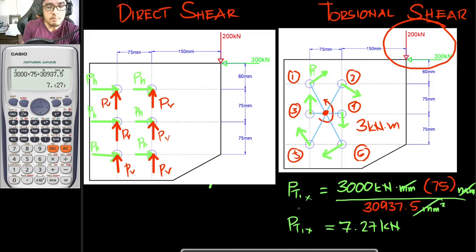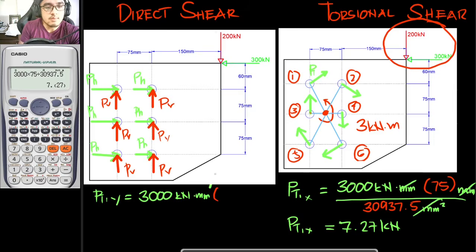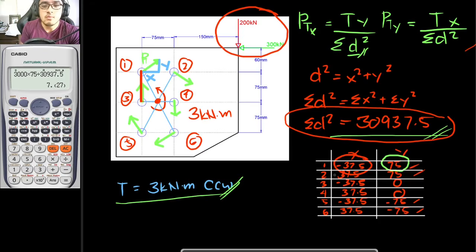So, for our PT1y, this is equal to 3,000 kilonewton millimeter times the x component, which is this one right here, times 37.5. By the way, guys, it is better to forget these symbols for now, our sign convention.